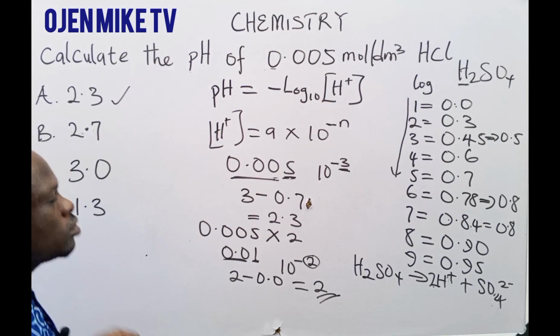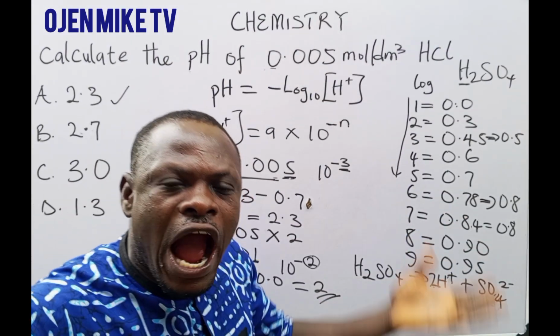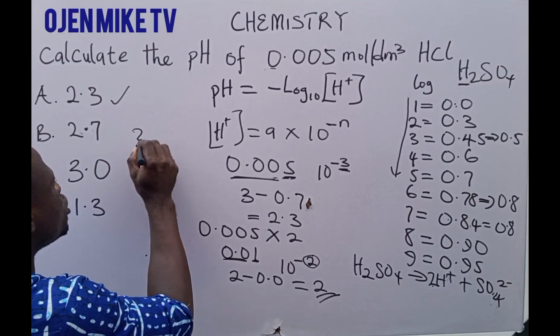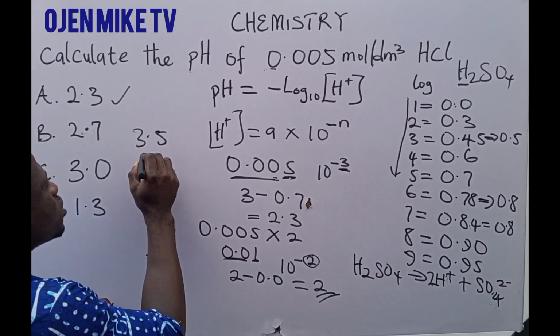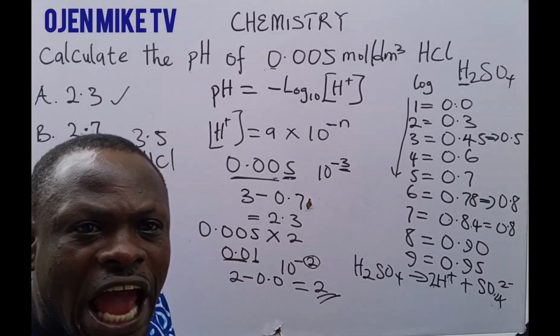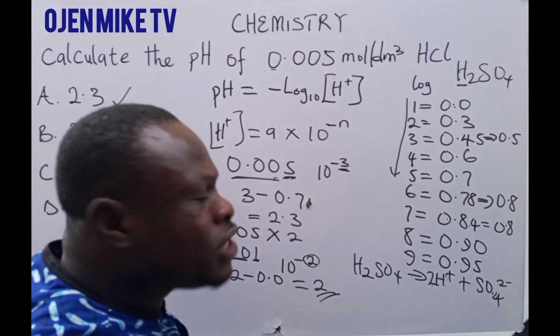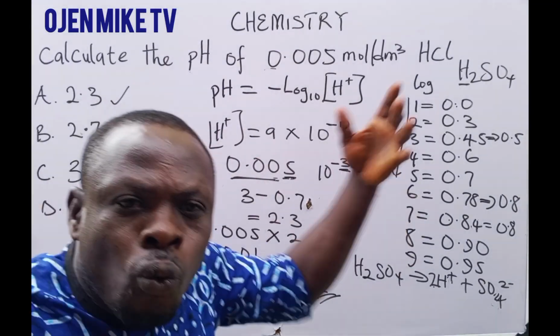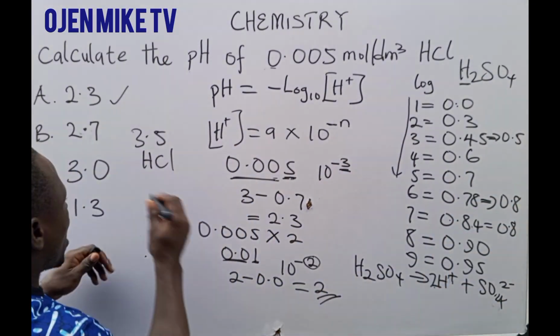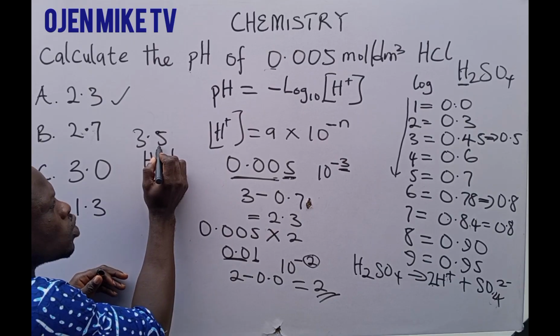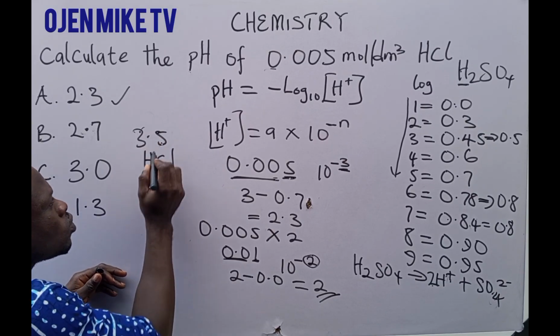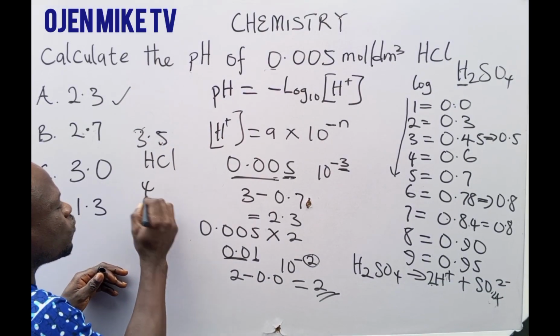Do you understand? Now, what if I'm giving a pH of 3.5 of HCl? You say I am to calculate the pH of 3.5. What I will simply do is approximate this one: 3.5 to 4.